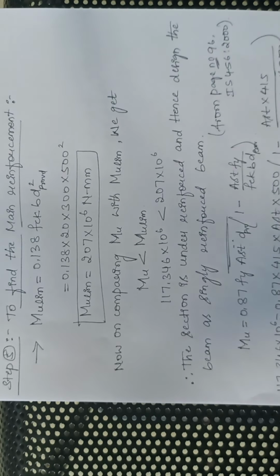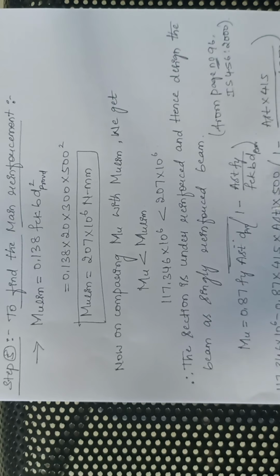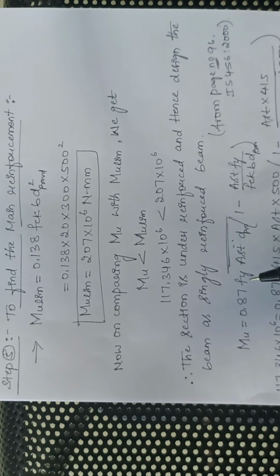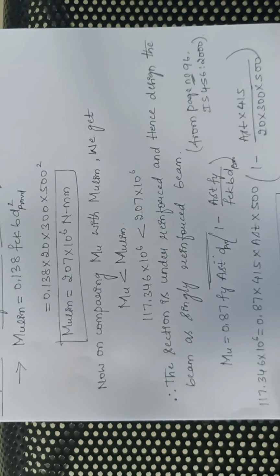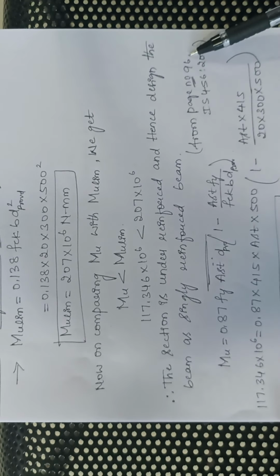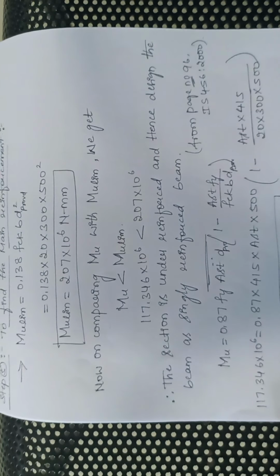By considering this beam as a singly reinforced beam, to find the area of steel we have the formula Mu is equal to 0.87 fy Ast d into 1 minus Ast fy by fck b d. You can get this formula from page number 96 of IS 456-2000.